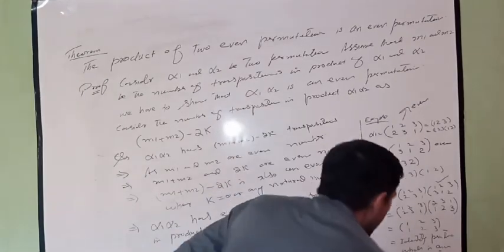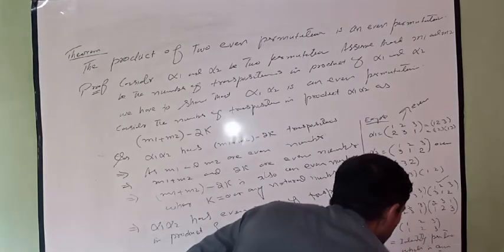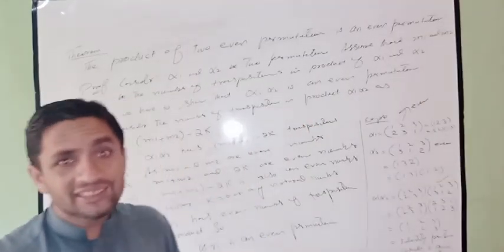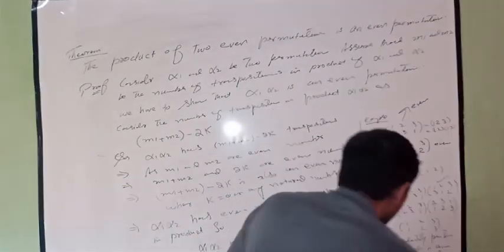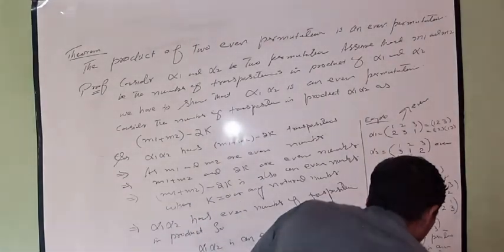So is k equal to 0? It means k is not 0, but k is 2. K is adjustable as 2, because alpha 1 product alpha 2 has 0 transpositions.